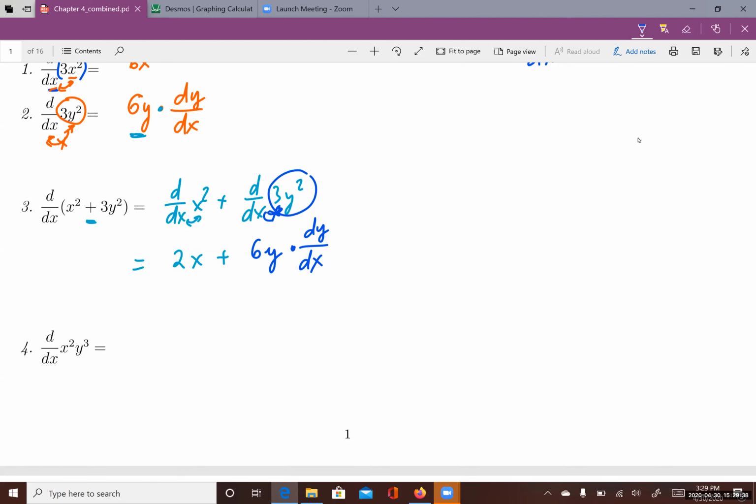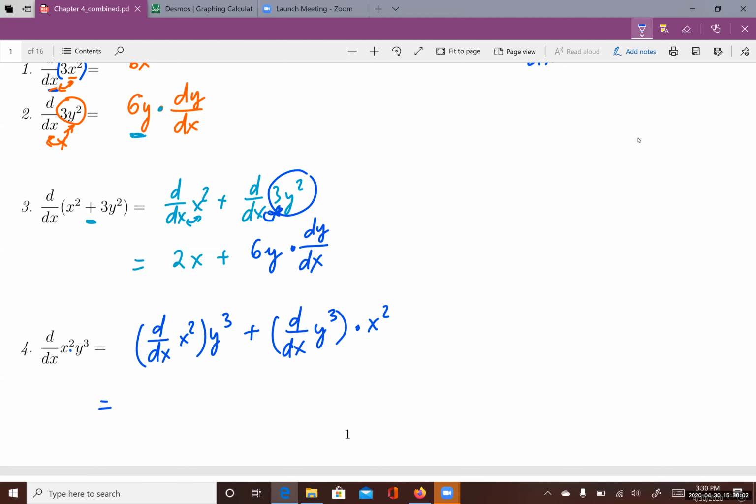Now go to the next example. You have a product of two functions. That means you have to use a product rule. Using the product rule, I know that I have to find d over dx of x squared multiplied by y cubed plus d over dx of y cubed times x squared. Okay.